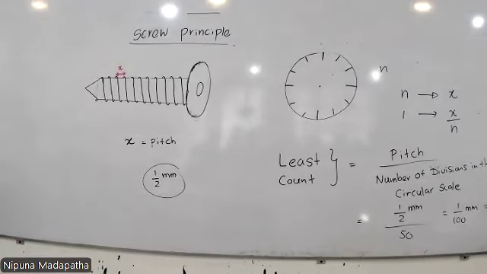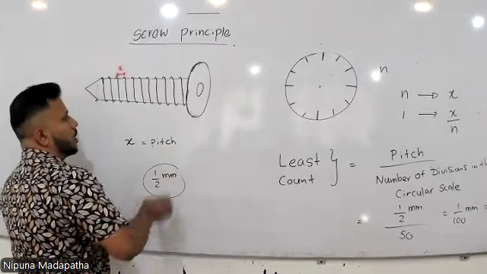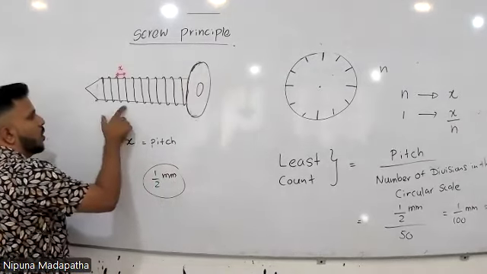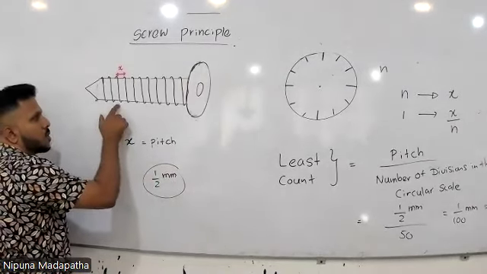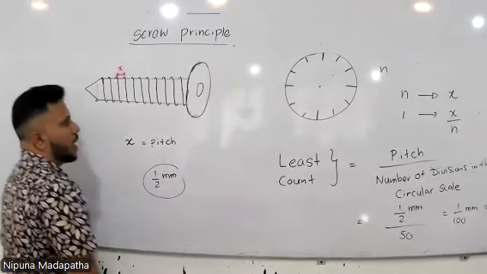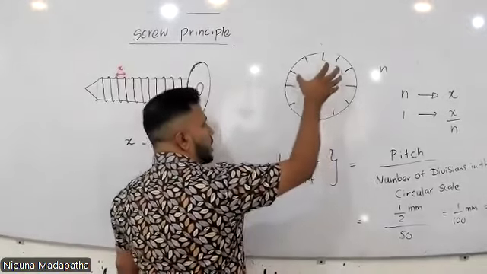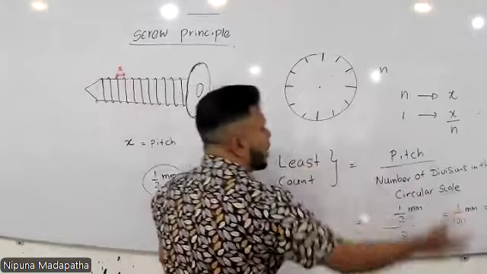So now you know the principle, how this works, right? If you turn the screw once, it goes forward a distance equal to the gap between its two adjacent threads, which is known as pitch. So they have calibrated the head, or you can say thimble, of the screw into n equal parts.